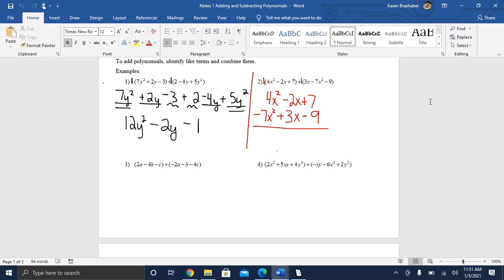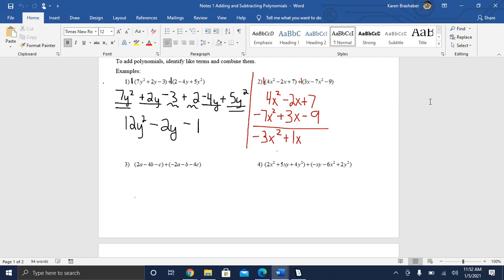And then combine my like terms using my rules for positives and negatives. So 4 and negative 7 combine to give me negative 3. And then keep the x to the second. Negative 2x and positive 3x will combine to give me a positive 1x.